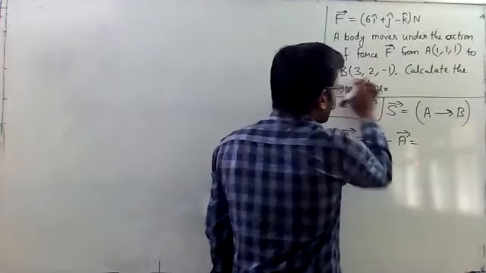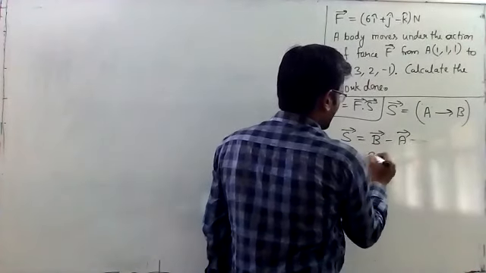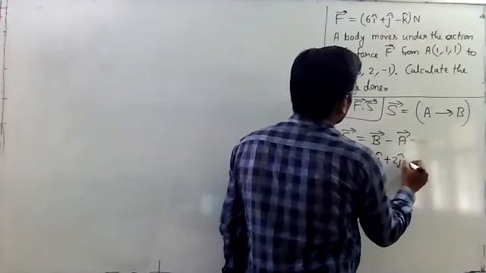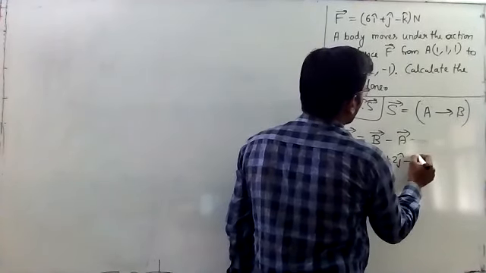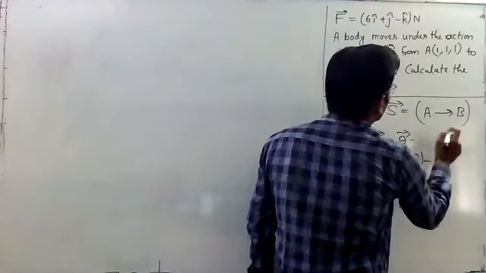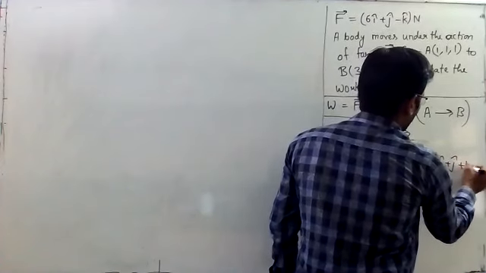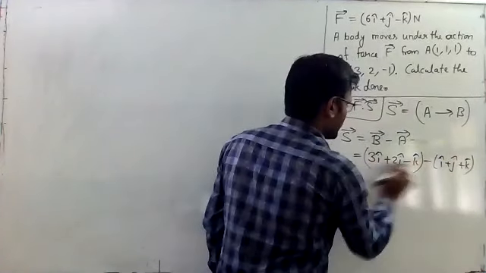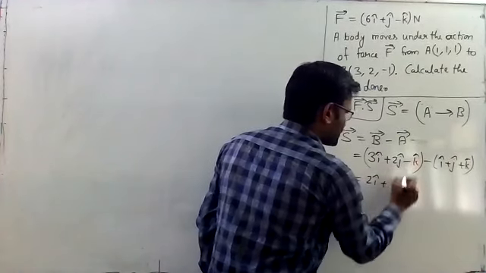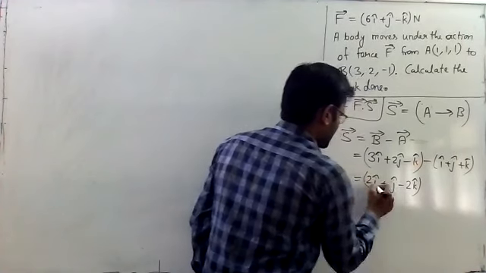Position vector of B is 3 i plus 2 j minus k, minus A, which is i plus j plus k. So that is 2 i cap plus j cap minus 2 k cap, the displacement.